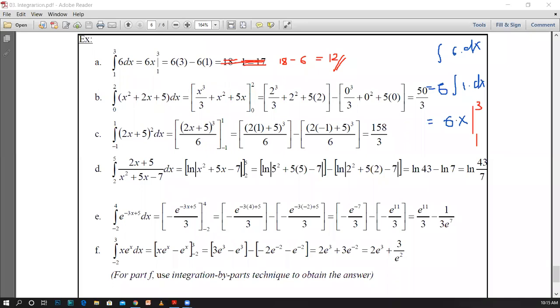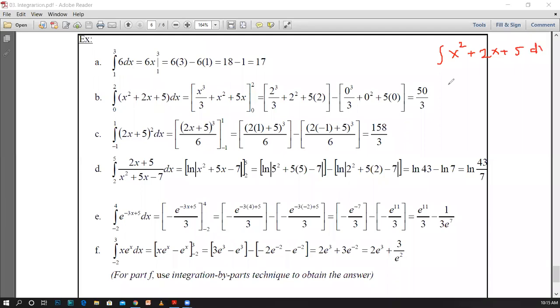Then the next example, the second example: you are asked to integrate x squared plus 2x plus 5 with respect to x in the region from 0 to 2. Here also, first of all, you need to evaluate the integral of x squared plus 2x plus 5 with respect to x.